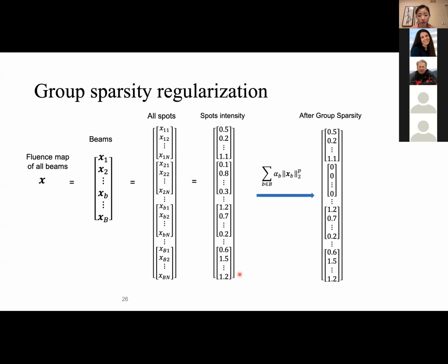And with the group sparsity regularization, what it can do is try to make, in some beams, like the second beam, every element 0. And when every element is 0 in that beam, we call this beam inactive. So this beam is not selected. By doing this, we can make more and more beams have 0 intensity and therefore be inactive.